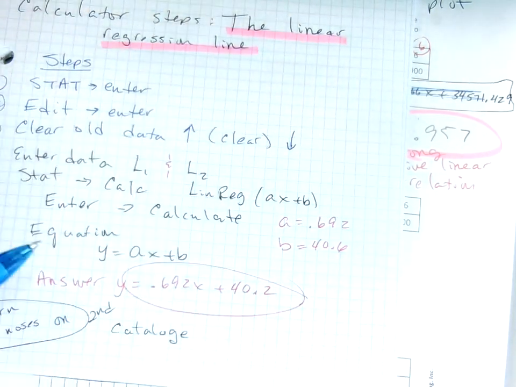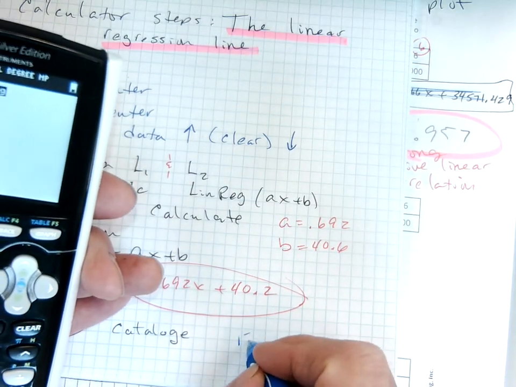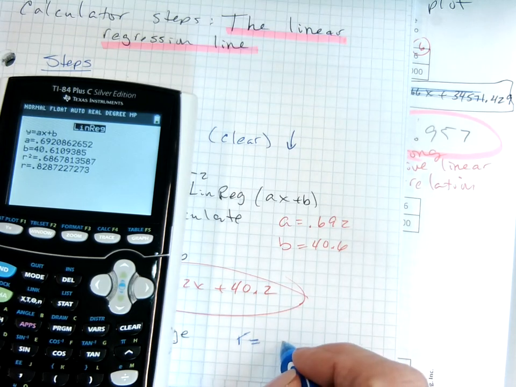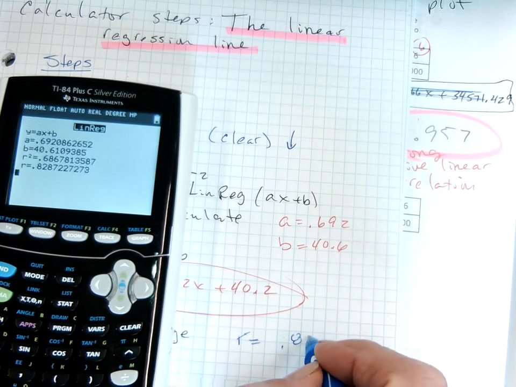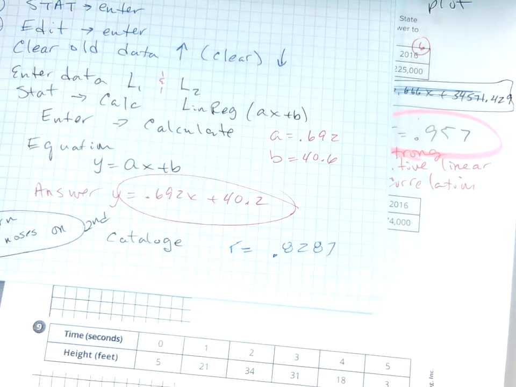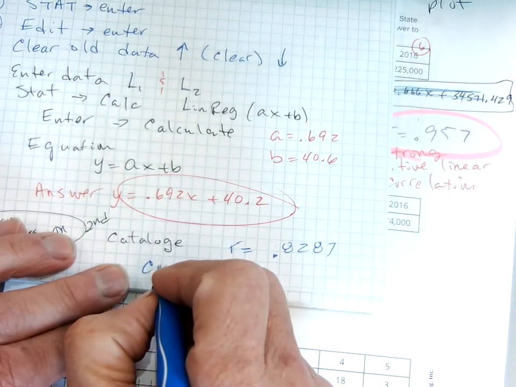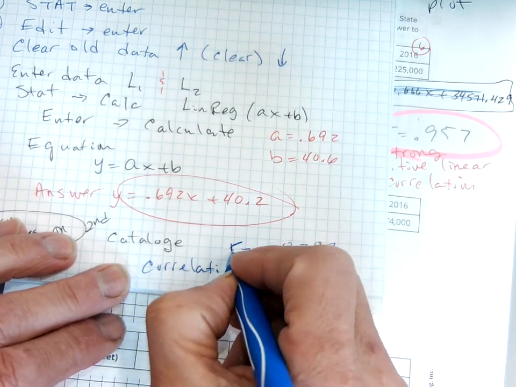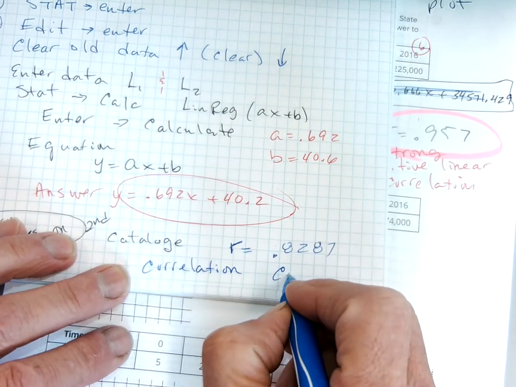Now, we also talked about the r value. The r in this example is about 0.8287. The r is called a correlation coefficient.